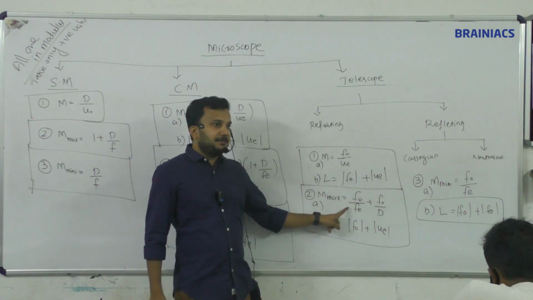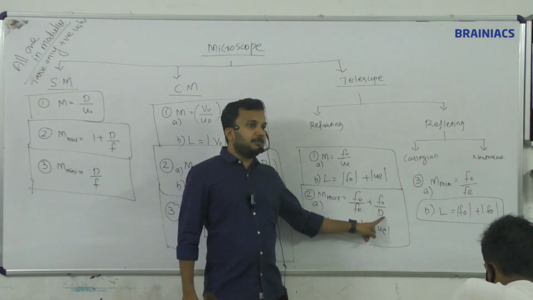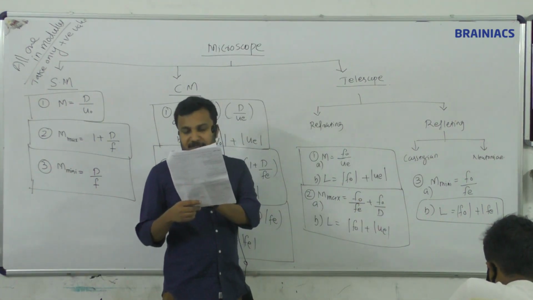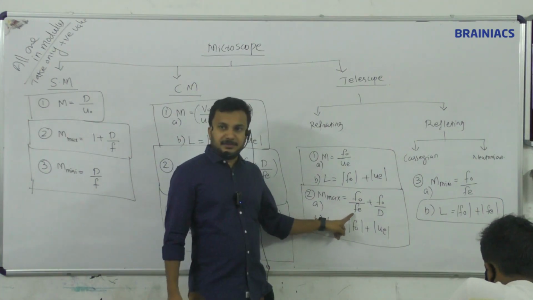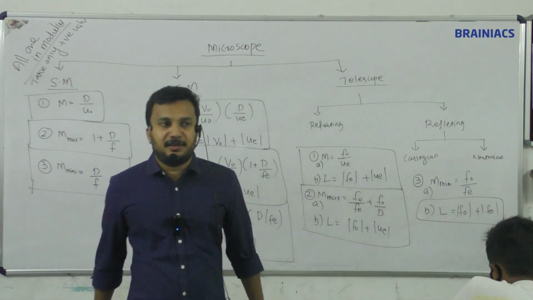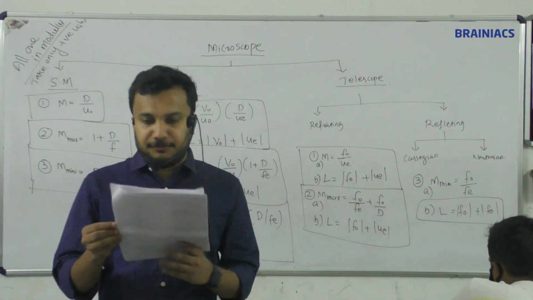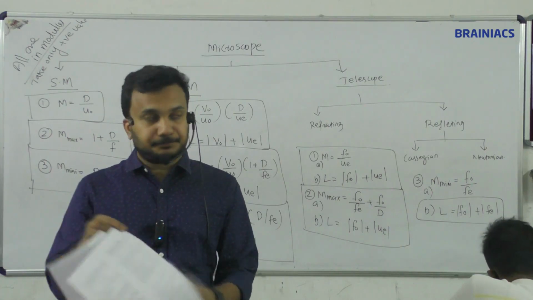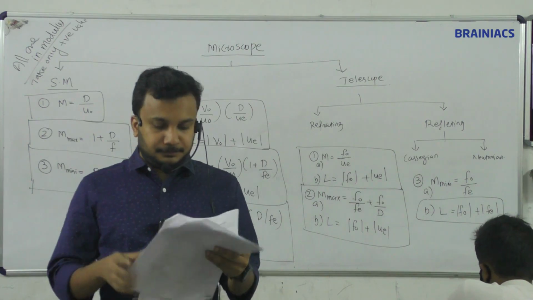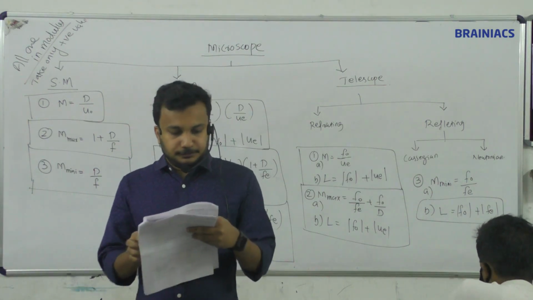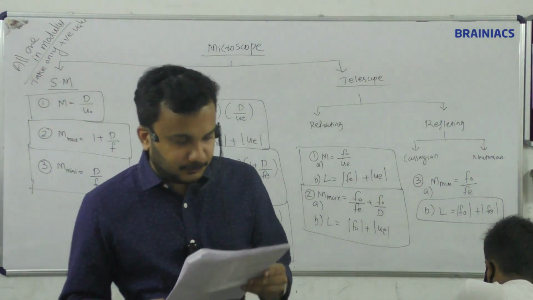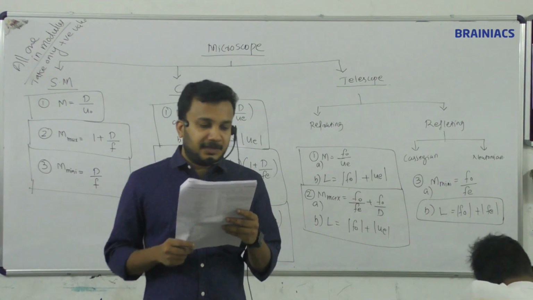Magnifying formula: f0 by fe into f0 divided by d. f0 is 100, fe is 5 cm, d is how much? 25. So you will get the answer as 24.